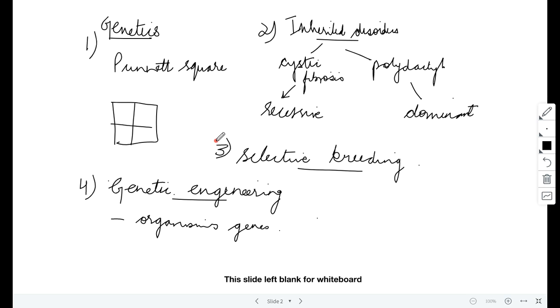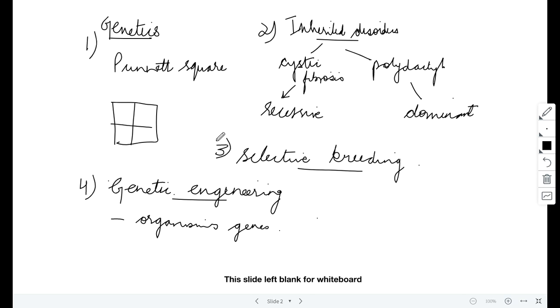Like I have one plant, and I love its white flowers. I want only white flowers to come in my plant, so I take the white flower gene and produce one more plant which will have white colored flowers only. This is through genetic engineering.